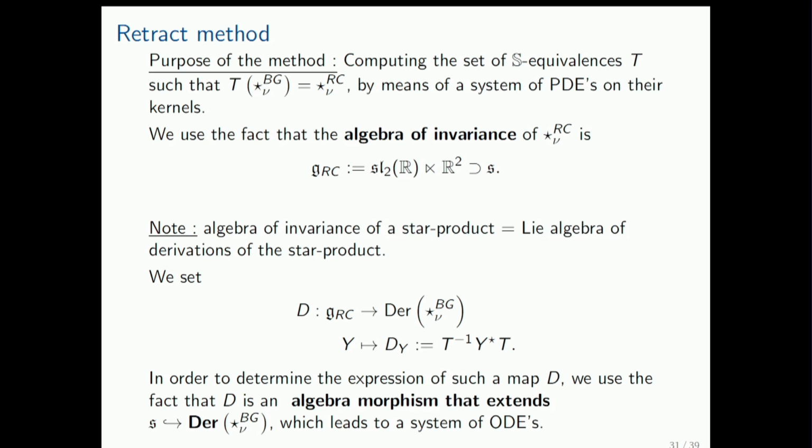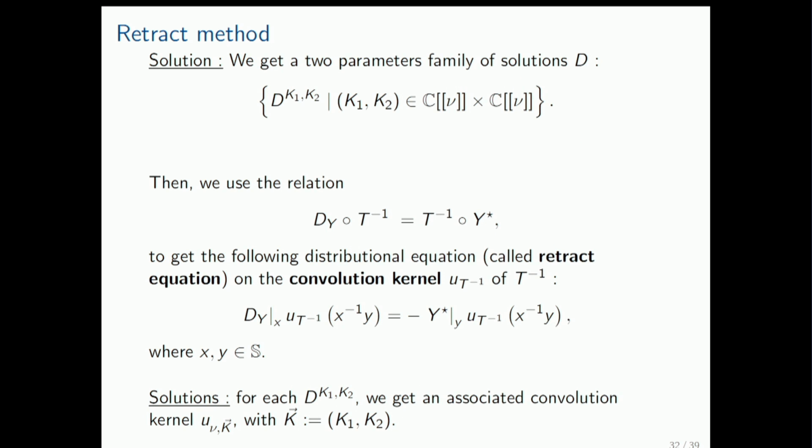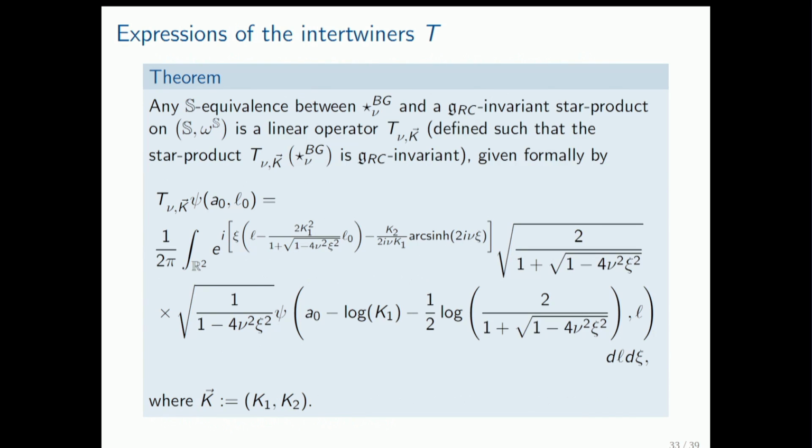If you write explicitly the conditions to get an algebra morphism, it boils down to a system of distributional PDEs. If you have enough time, and if you are sufficiently crazy, you can try to solve these equations, and after a while, you get an expression.